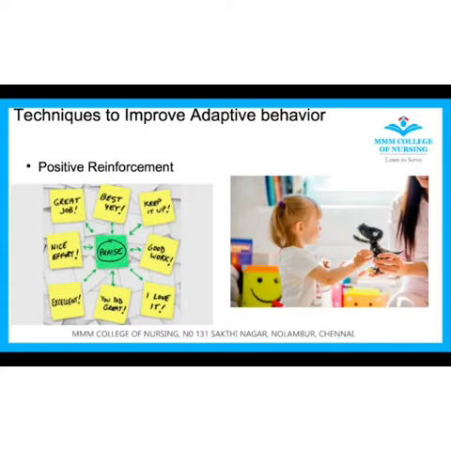Examples of simple praise words are saying, great job, good work, excellent, keep it up. This technique helps to strengthen the adaptive behavior of the patient, and there is a likelihood that the behavior will occur more frequently. The technique is used to increase desired behavior.